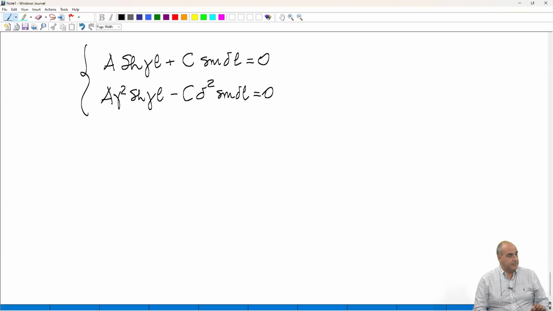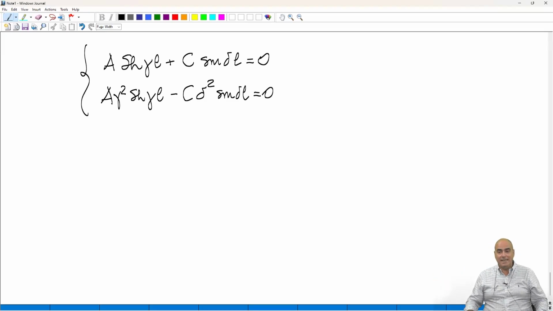Now, this is a system of 2 equations in 2 unknowns, and our unknowns are A and C, the integration constants. As a matter of fact, this is a homogeneous system. So all the equations are equal to 0.